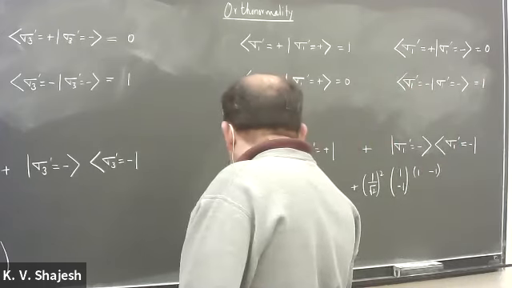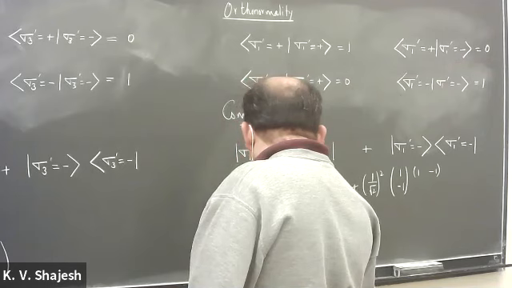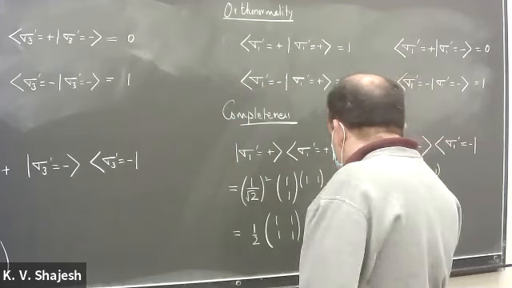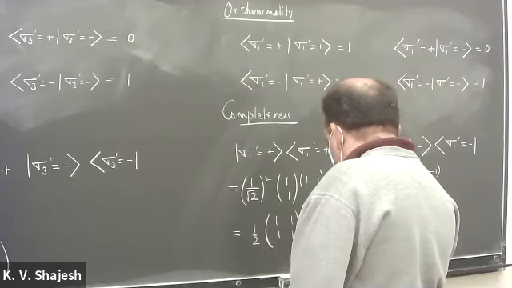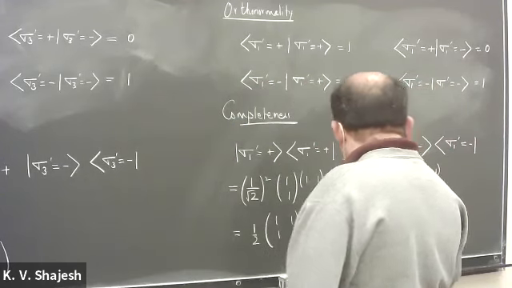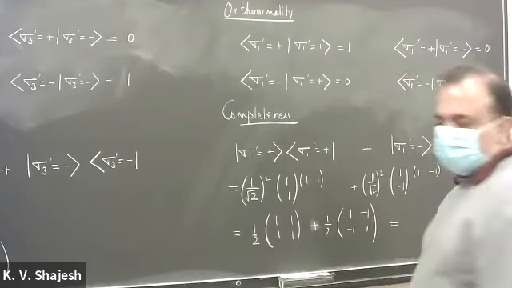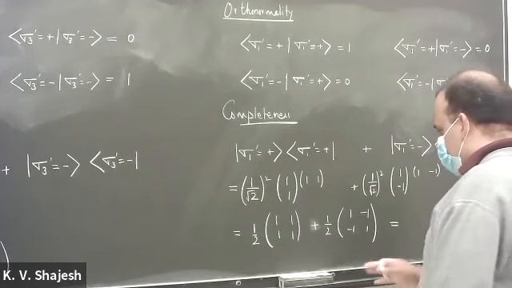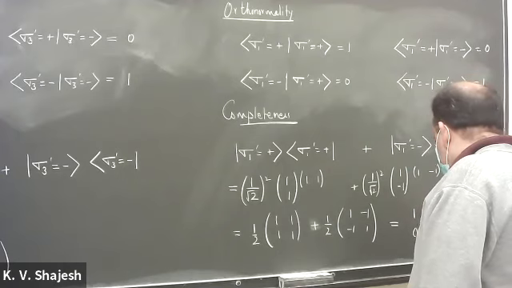So it's 1 over 2, and this is 1, 1, 1, 1. And this is 1 over 2, 1, minus 1, minus 1, 1. And notice that the non-diagonal terms cancel out. The diagonal terms 1 by 2 plus 1 by 2 add up to give you a 1.